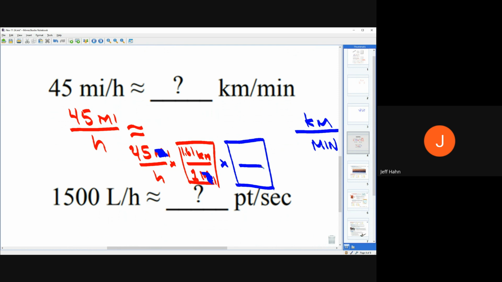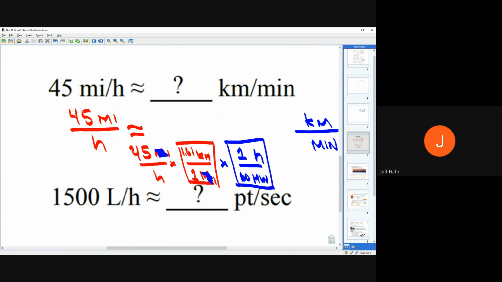Now notice, where's our hour here? Bottom. So for a bottom one to cross off, guess where ours has to be on the other one? On top. See how easy this is? I am trying to change hours into minutes. 1 hour is 60 minutes.